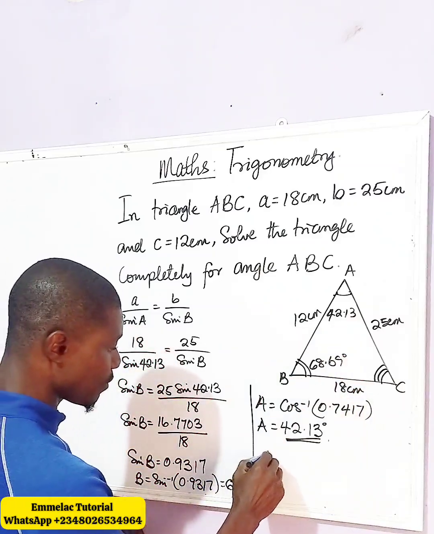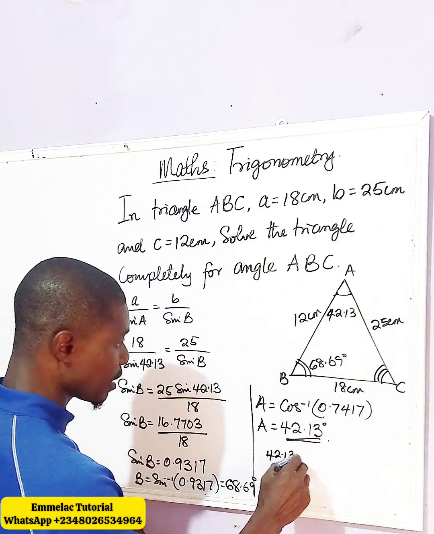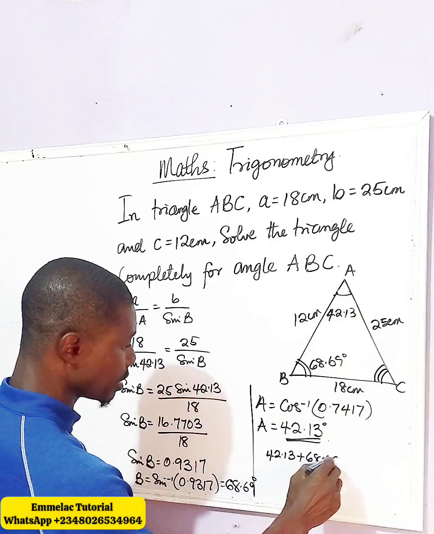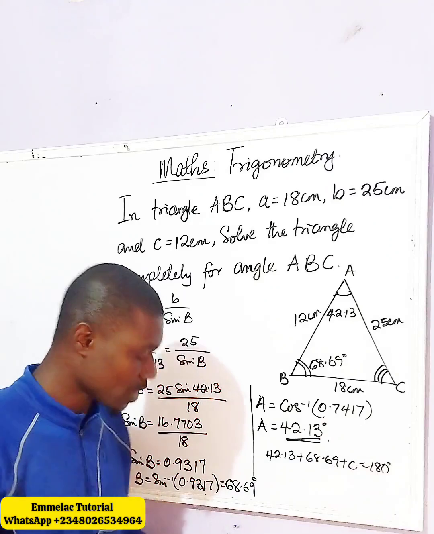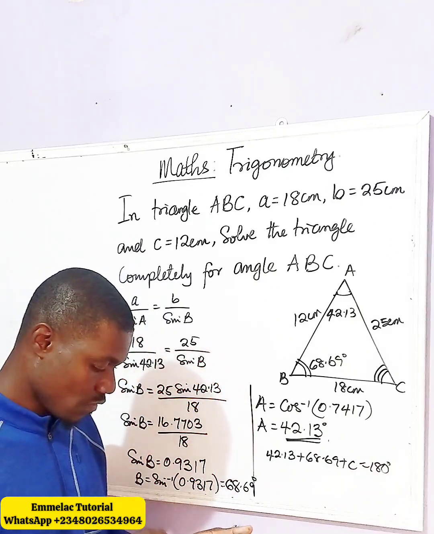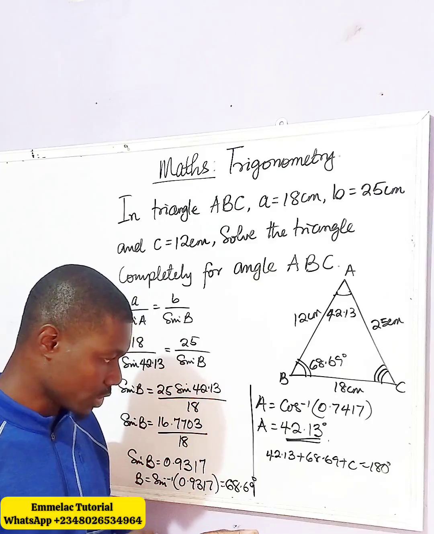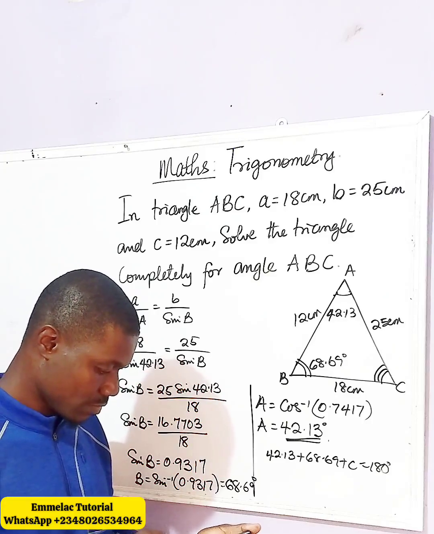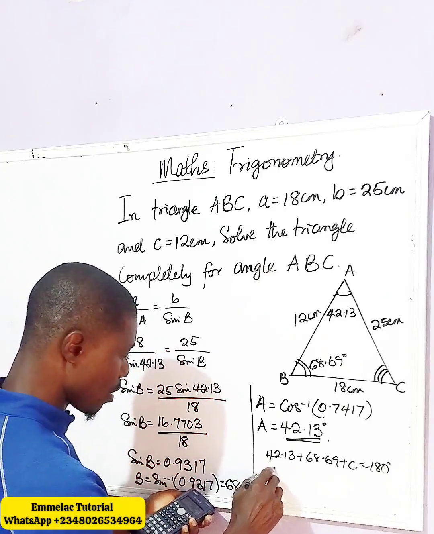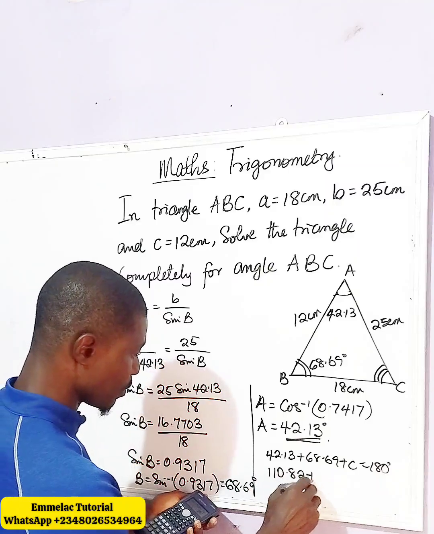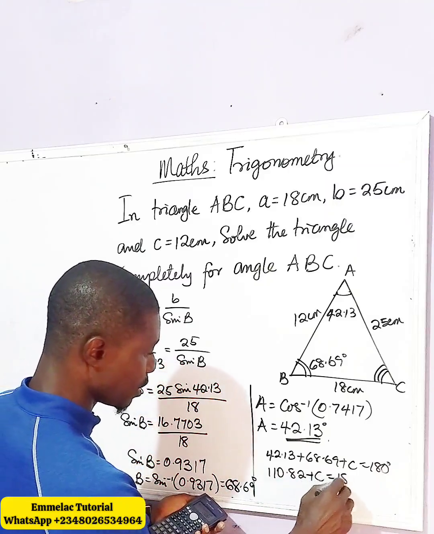So here we have 42.13 plus 68.69 plus C equals 180. Let us sum up: 42.13 plus 68.69 should give us 110.82, plus C equals 180.